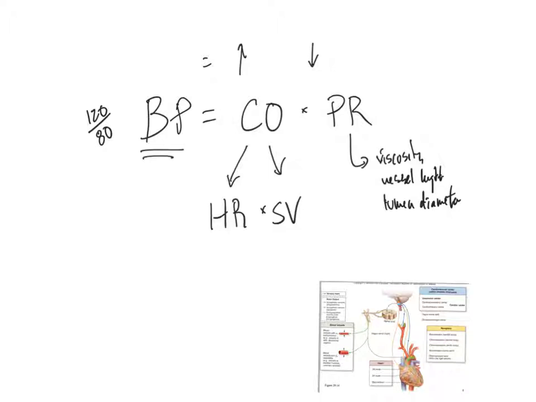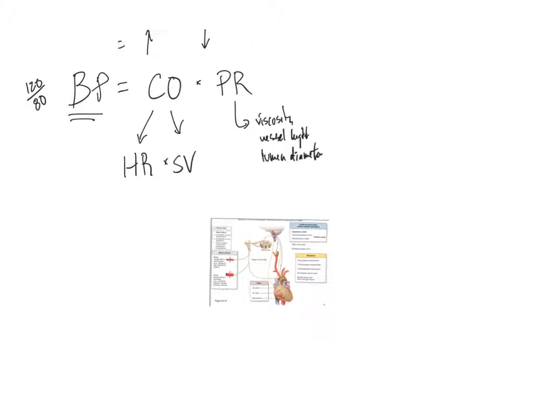But if blood pressure rises, either cardiac output or peripheral resistance has to rise with it. So this relationship is very important. If you understand the relationship, you can go through the different factors that help control it.